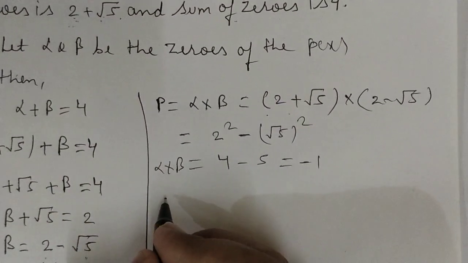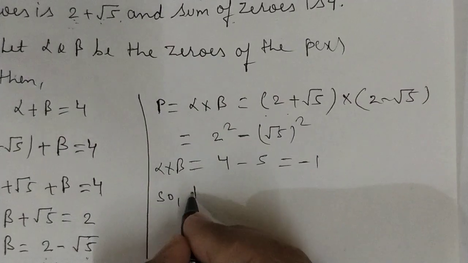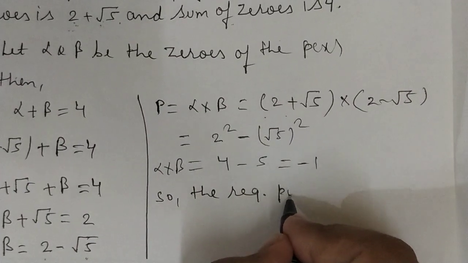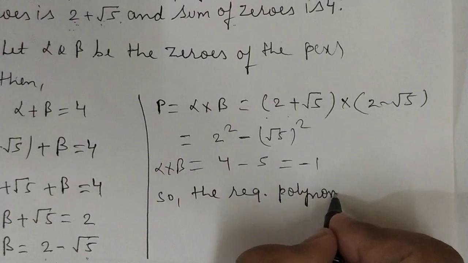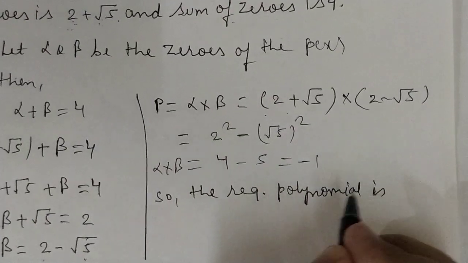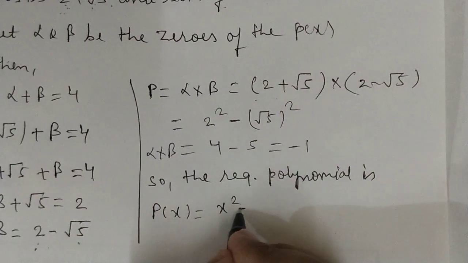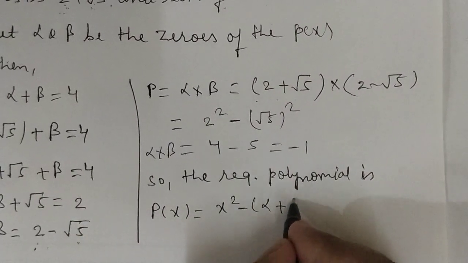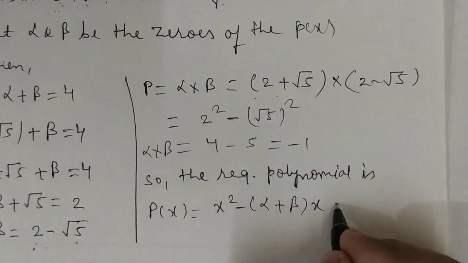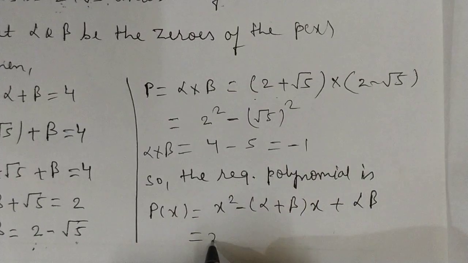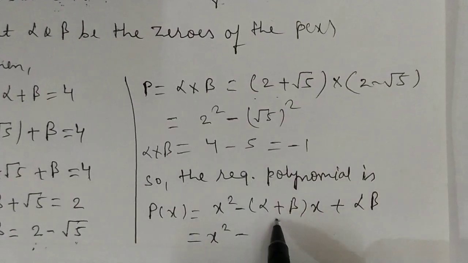Now what is the formula? So the required polynomial is p of x will be equal to x square minus alpha plus beta into x plus alpha into beta.